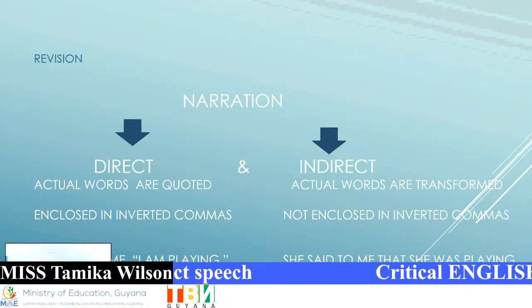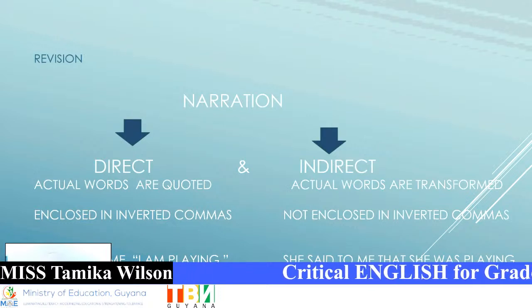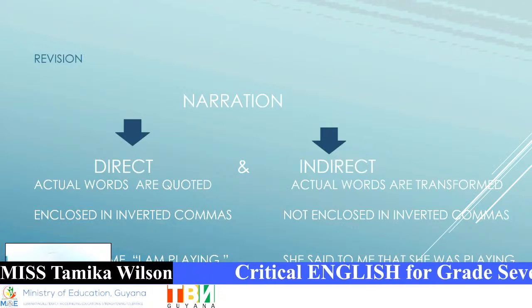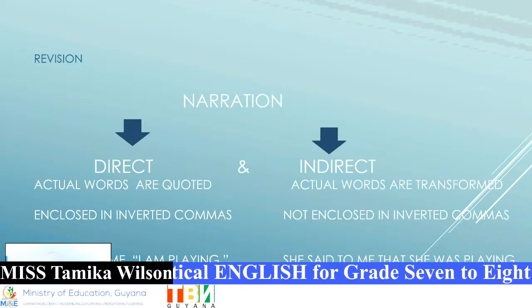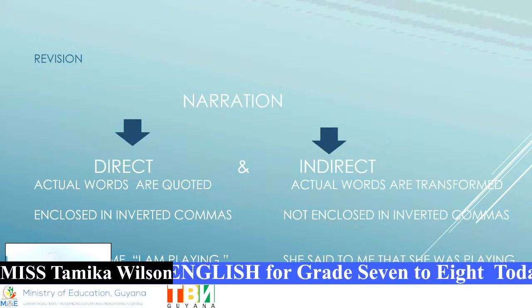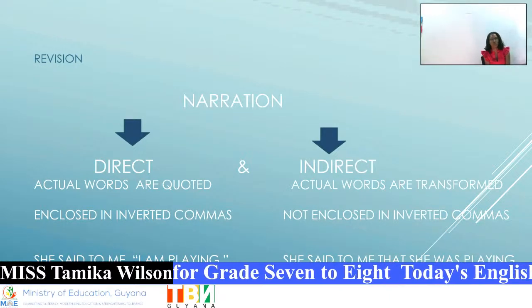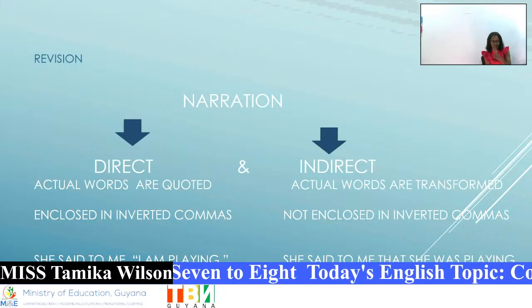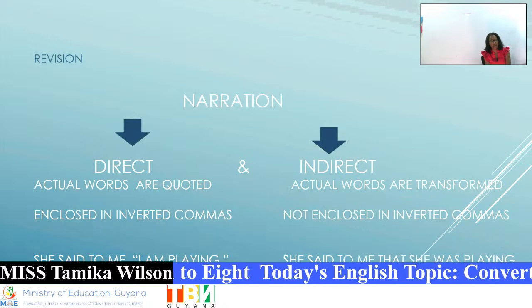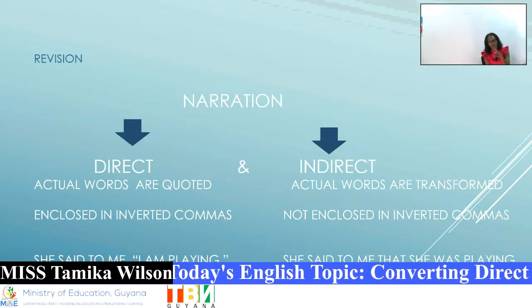Well, Shamar is thinking. Narration is telling someone what someone said or something that happened. Alright, so narration, not narrative writing, Shamar, has to do with the act of reporting the words of the speaker. And that can be one of two things, direct or indirect.